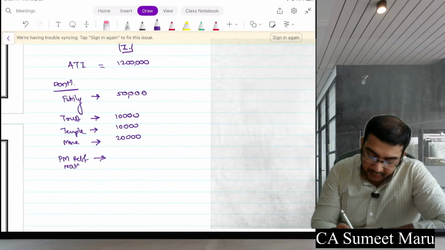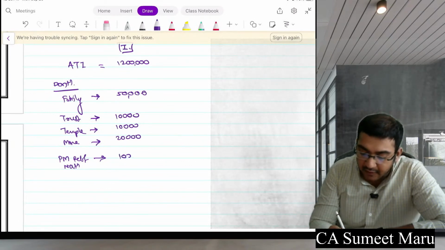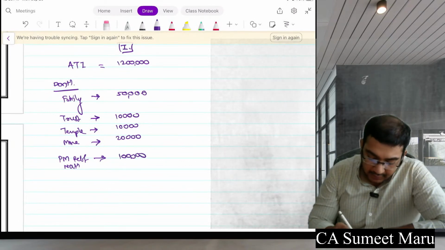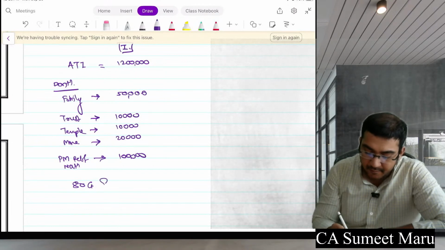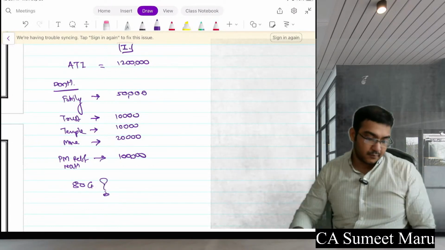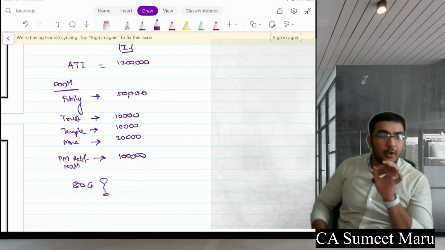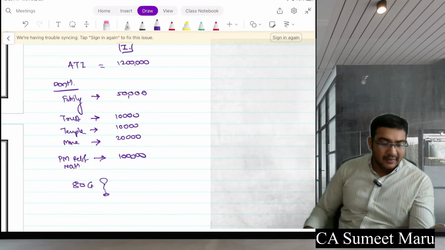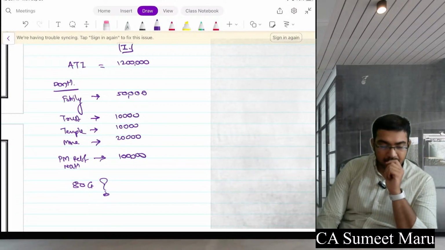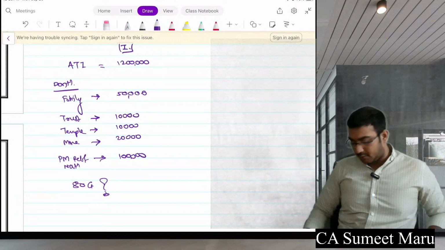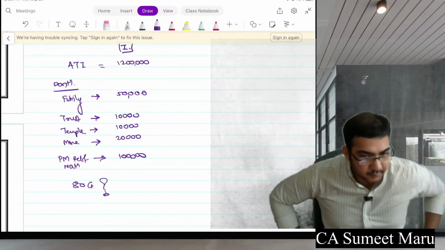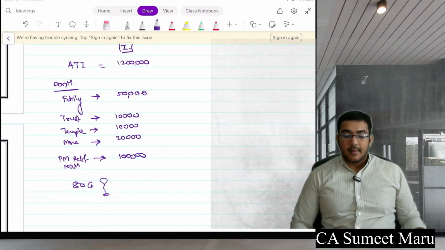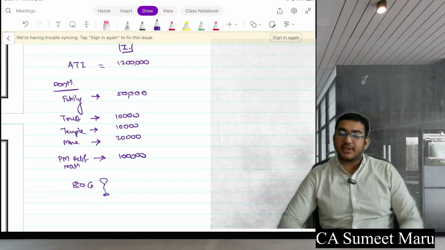PM National Relief Fund 1 lakh. SEBI donation eligible for 80G. Everyone just scroll your bar to get to the live first. I feel some of you are behind. Please say what is the total deduction under section 80G here.